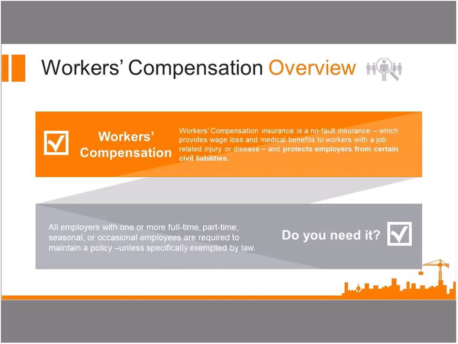So workers' compensation insurance is a no-fault insurance which provides wage loss and medical benefits to workers with a job-related injury or disease. And as I mentioned, it protects employers from certain civil liabilities. And all that comes down to an agreement that was reached between employees and employers.